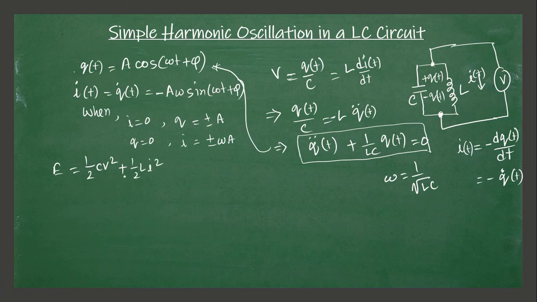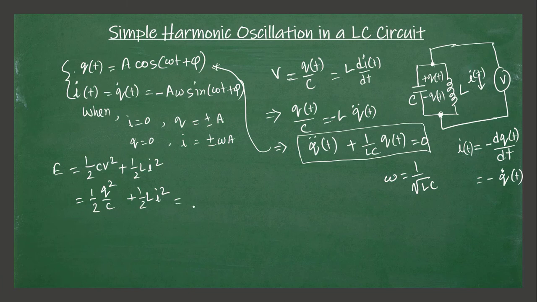Now let us use these solutions in this equation. Let us first express this in terms of the charge Q. So we'll have half Q squared over C, right? By using this relation here, plus half Li squared.